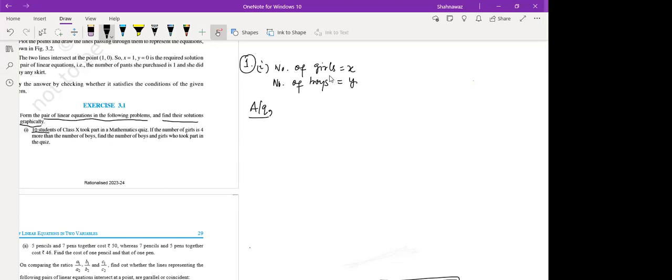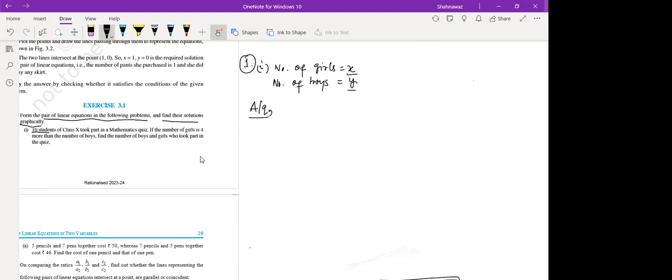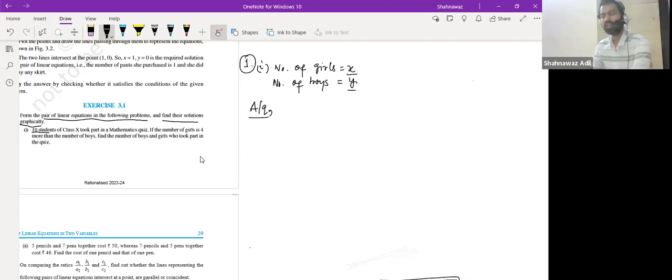So we know that we have class 10, and those students consist of girls and boys. We have assumed that there are X girls and Y boys, and the total students are 10.